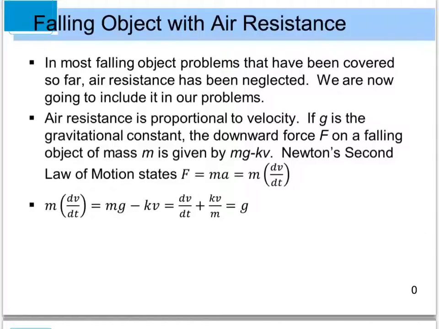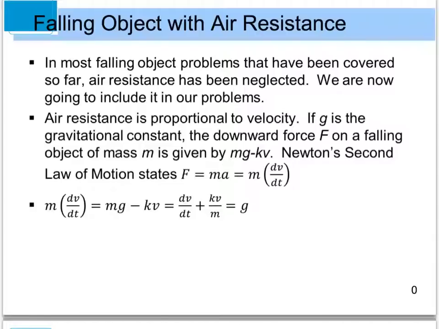We know that air resistance is proportional to velocity. So if g is a gravitational constant, then the downward force F on a falling object of mass m is given to us by mg minus kv. That's mass times your gravitational constant minus some constant k times your velocity.